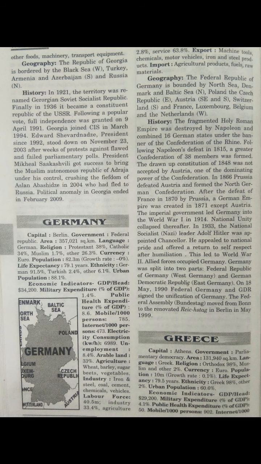Arable land is 19%. Agriculture is wheat, corn, barley, sugar beet, olives. Industries, tourism, chemicals, metallurgy, petroleum. Export, manufactured goods, foodstuffs.